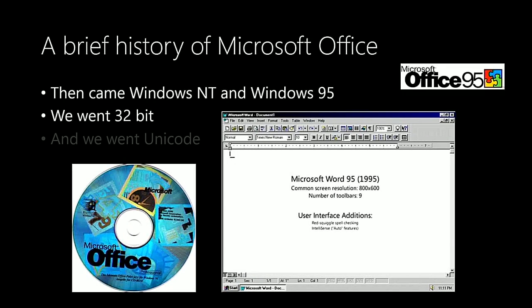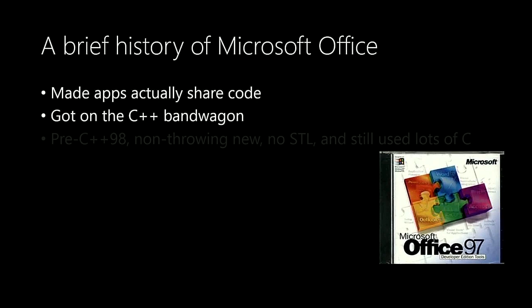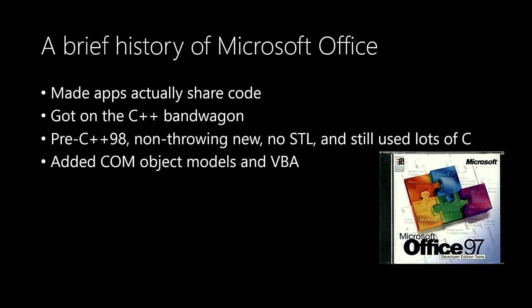Lots of other things happened to your code base. Windows NT, Windows 95, we moved to 32-bit, we moved to Unicode. As you can imagine, for editing applications, both of those changes in the ecosystem were huge. They required significant redesign. Office 97 was a big release for us. We made apps share code, because if you have apps that have toolbars and menus and dialogues, and you're using different technologies to do that, you're probably doing something wrong.